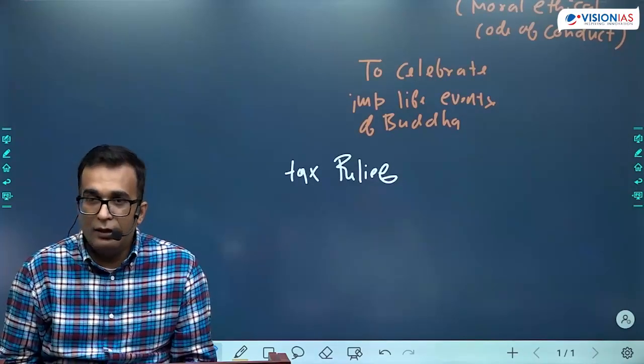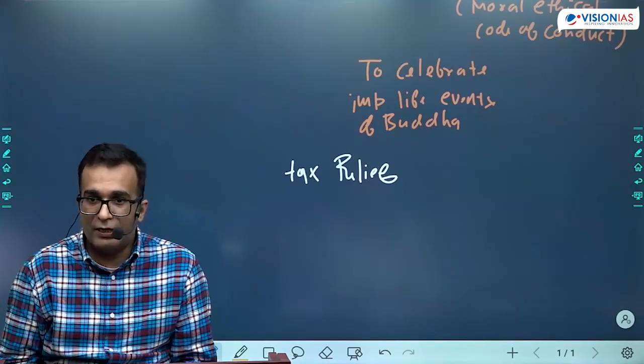Done. So now this is the purpose of the pillar, that why they were installed.